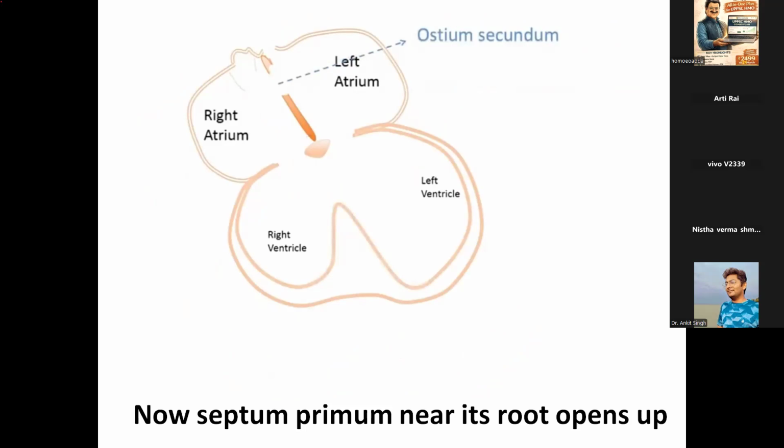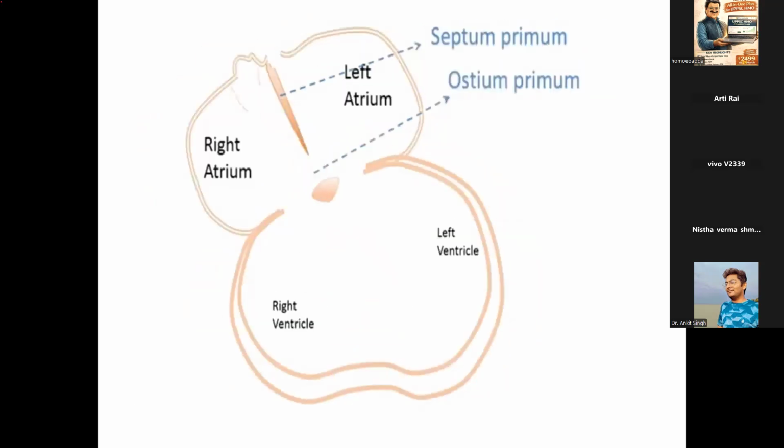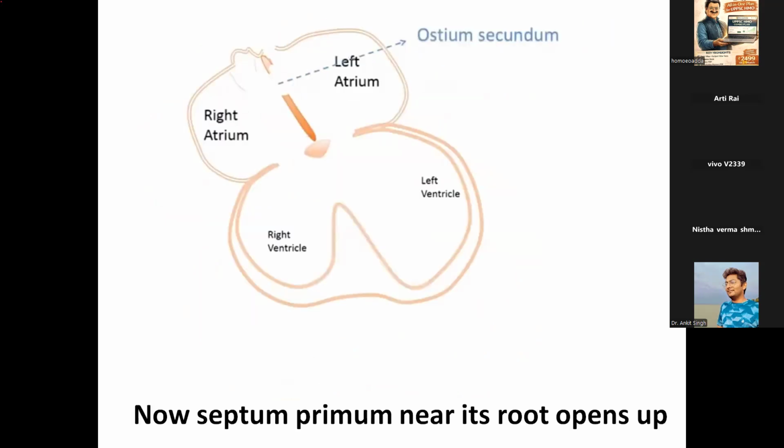A small portion will vanish and that is called the ostium secundum. What happened earlier? The septum primum was formed, then the ostium primum. This ostium primum became vanished and became completely septum primum. Now from the upper portion of the septum primum, a small portion is vanishing and forming an ostium secundum. So now the septum primum near its roof opens up and forms the ostium secundum.